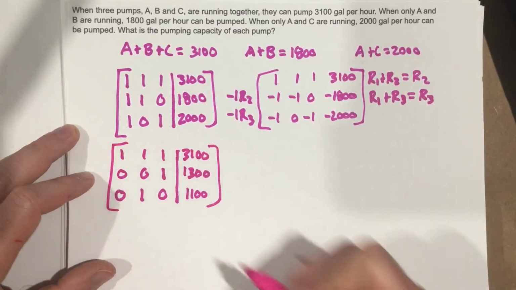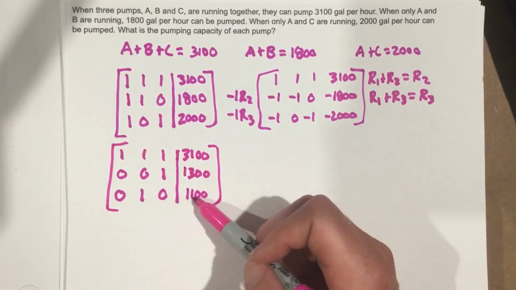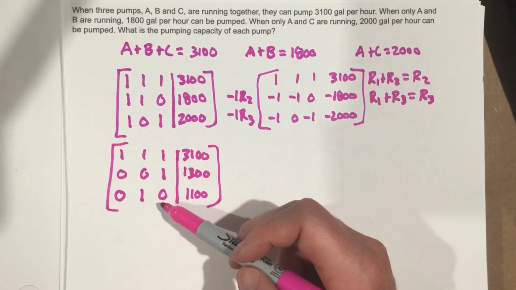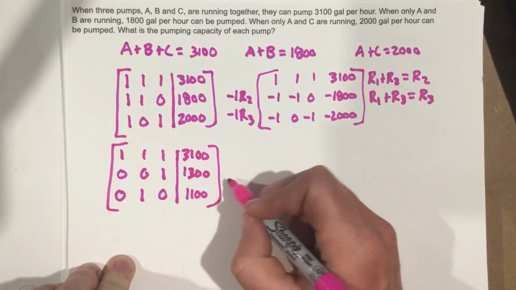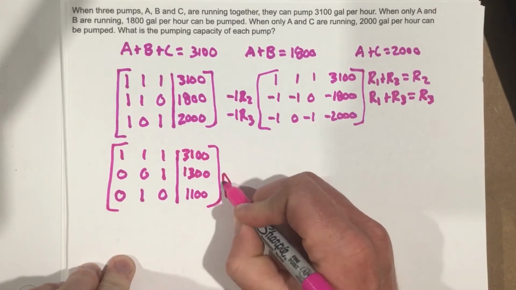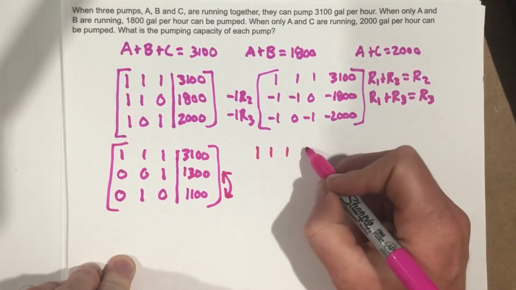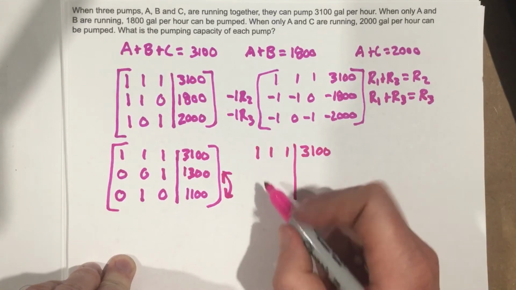Now you'll notice this is telling us Z is 1,300 and this is Y is 1,100, but it's out of order, right? So we don't have the ones down the diagonal. Well, these are just equations and they can be switched. So I'm just going to switch those two equations, and you'll see that now we've gotten ourselves ones down that diagonal.